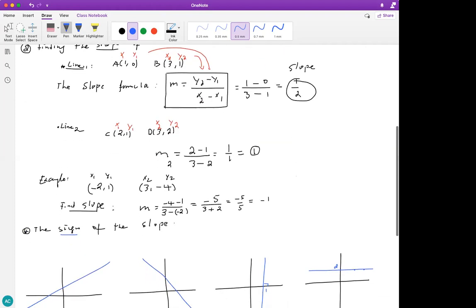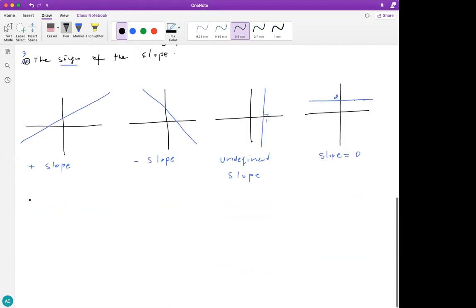This actually should have been 3 here. So let's introduce what we call the slope-intercept form. Another formula.